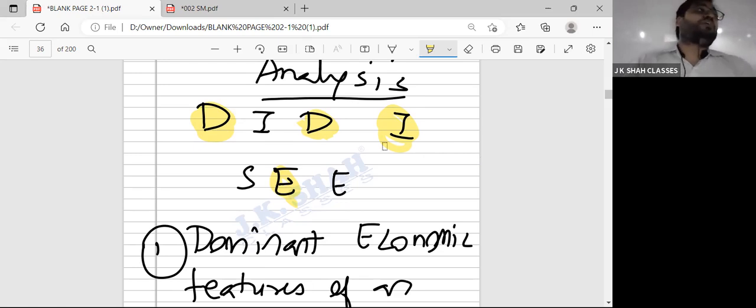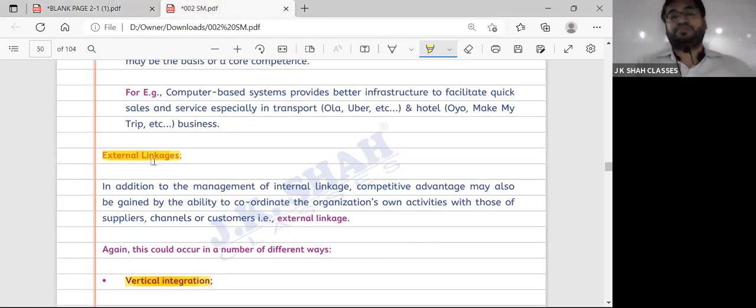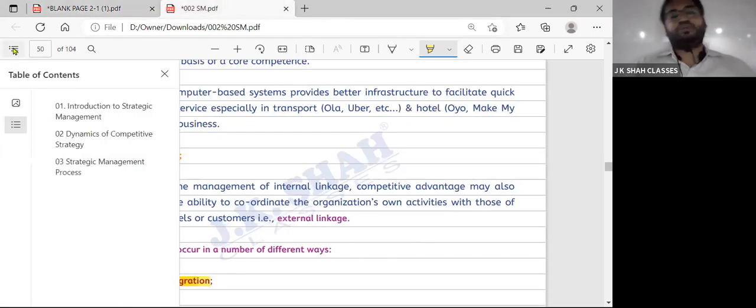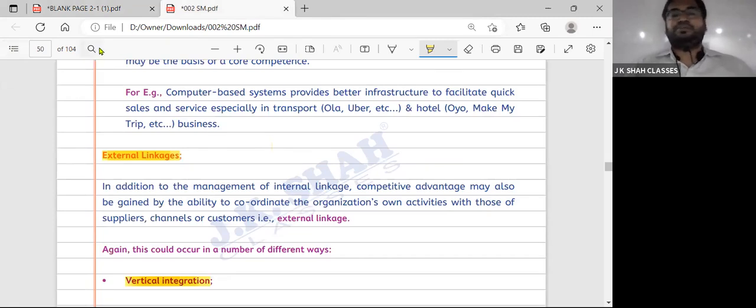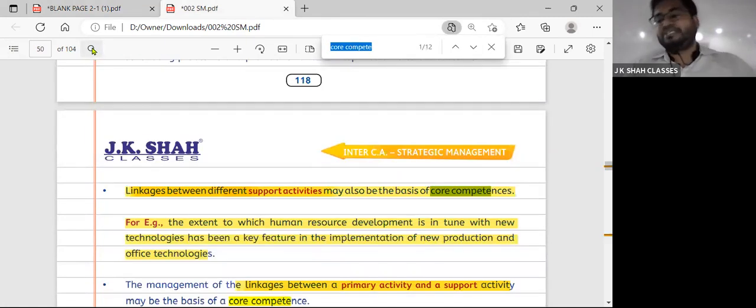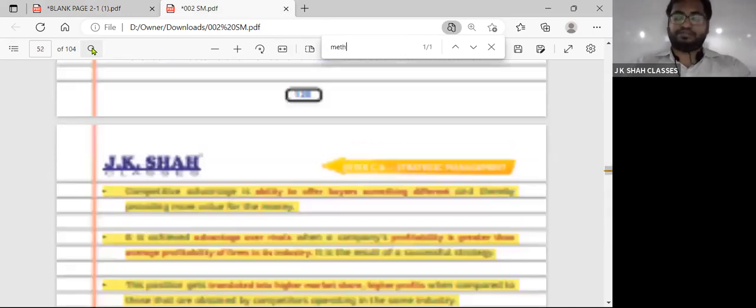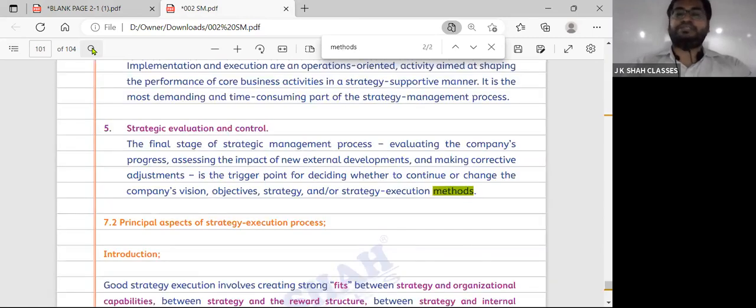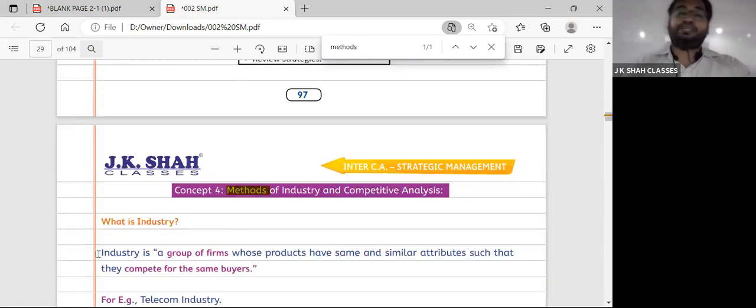First point, dominant economic features of the industry. What is industry? A group of firms selling a similar kind of product, targeting similar kinds of buyers, customers.